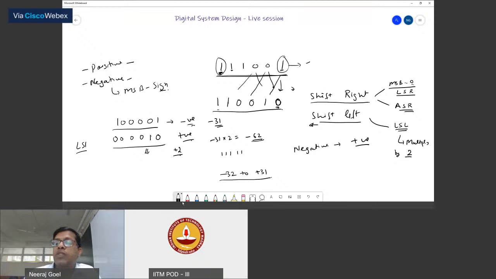However, in shift right operations, there could be logical shift right. In logical shift right, we discard the least significant bit, and in the most significant bit, we always keep 0. In arithmetic shift right, we discard the least significant bit, and whatever was the most significant bit of the previous number is copied again to the most significant bit.